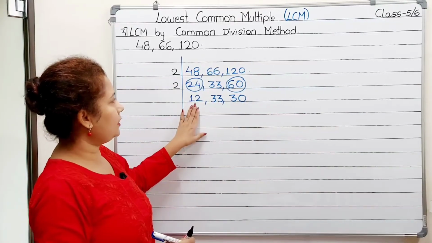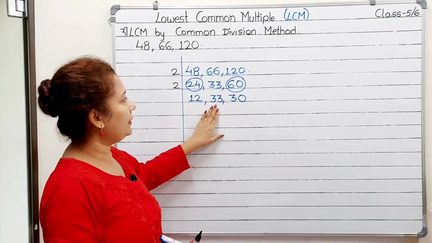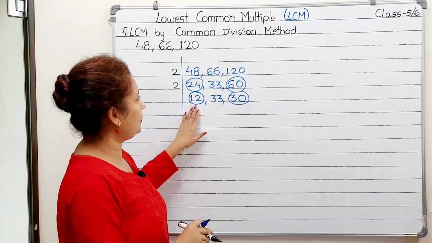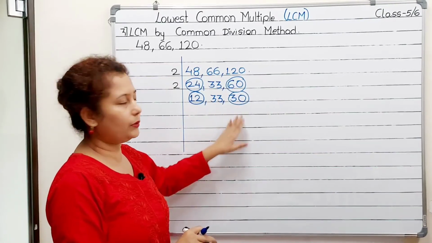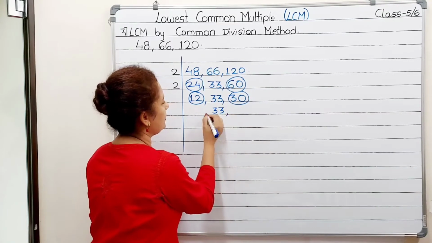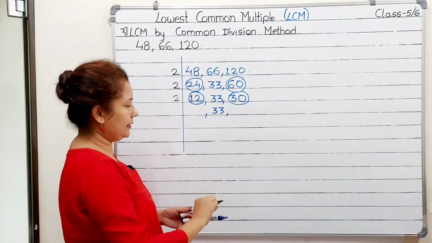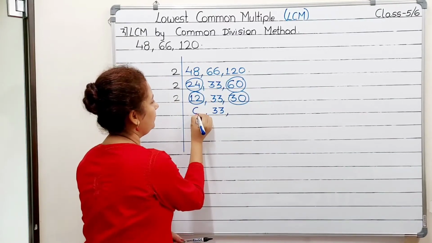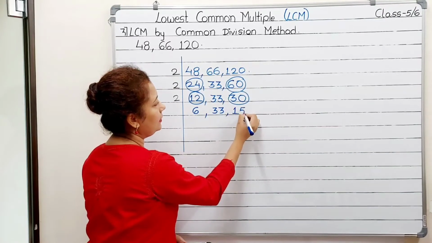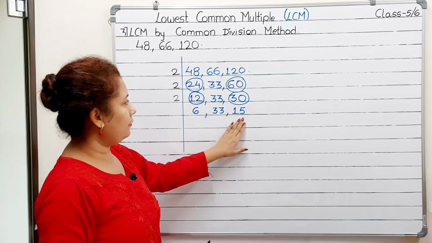Now here again 12 and 30 are divisible by 2 and 33 is not divisible by 2. So here we will divide 12 and 30 by 2 and we will write 33 below as it is. When we divide 12 by 2, we get 6 as the quotient, and 30 by 2 gives 15. Now we have 6, 33 and 15.